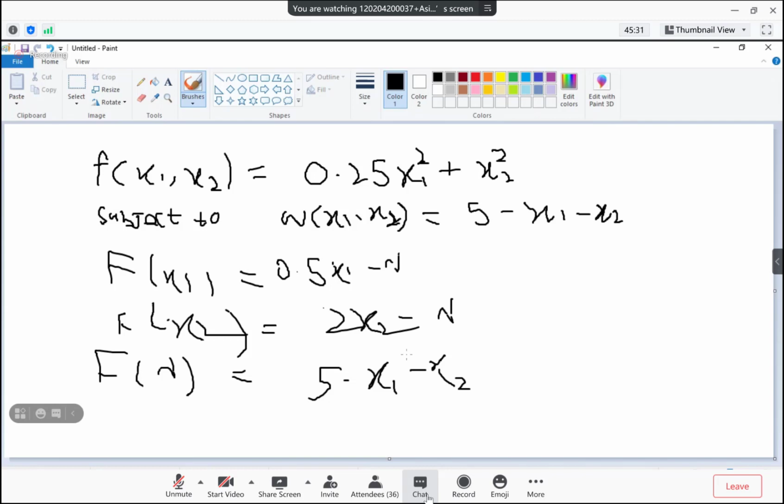So to find the value of lambda, we will equate these equations.